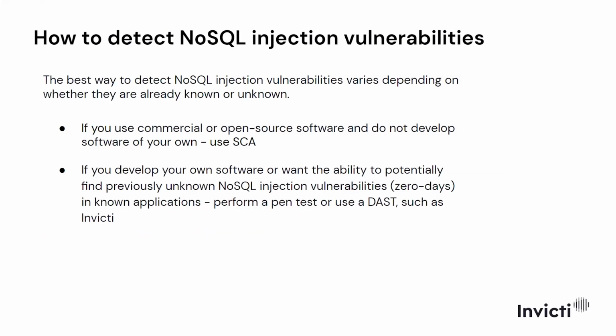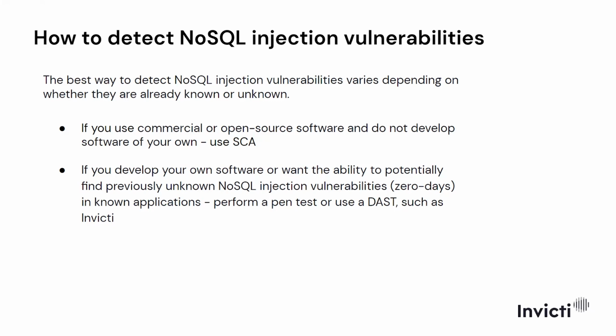All right, now you may wonder how to detect NoSQL injection vulnerabilities. And the best course of action really depends on your environment and what kind of application and software you're using.